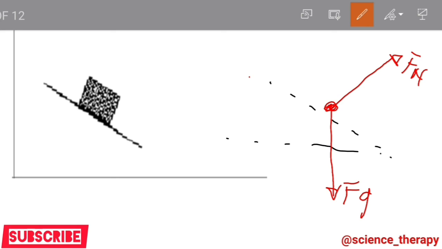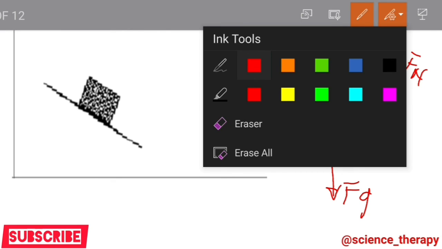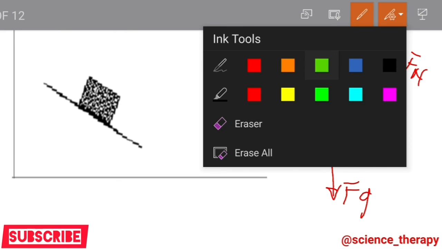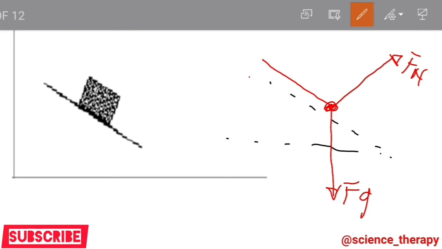Then now we understand that they said that this object is held motionless, but then we do understand that it is held motionless by static friction. So we need to indicate that static friction up there. So why do we indicate that static friction up there? Because remember, it is opposing the motion. We are expecting this object to be sliding down, but then it is held stationary there.